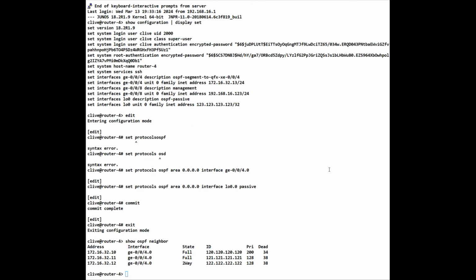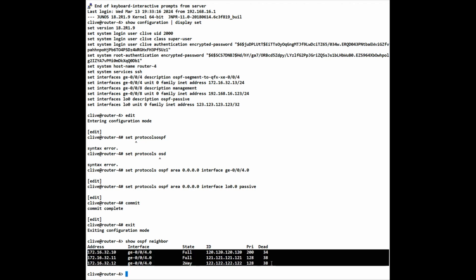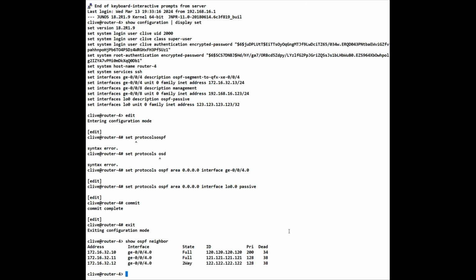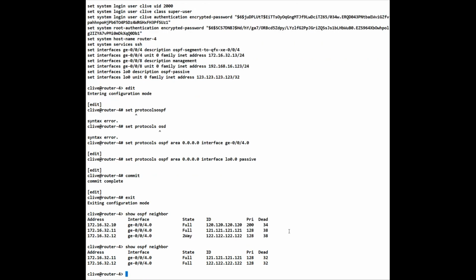So we'll start by having a look at router 4. Now, previous to us shutting down, disabling the interface to replicate a failure of the DR, we had full and two-way. So let's see what we have now that the convergence has completed. So if we do the up arrow, let's see what we have now.